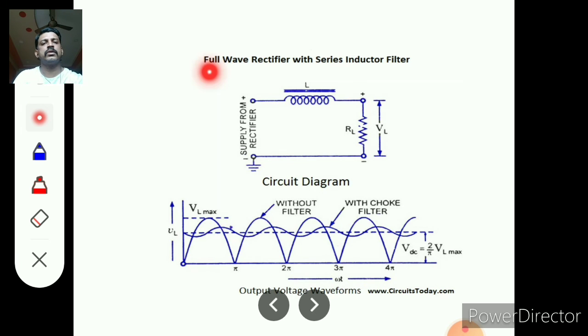So this is a full wave rectifier with a series inductor filter. This is the inductor, this is the load resistance RL, and without filter the current has this wave pattern, and with filter the wave pattern is like this, means it is approximately a straight line.